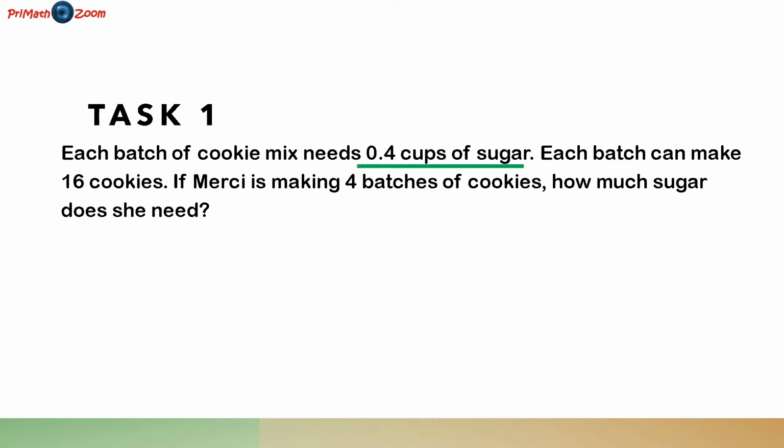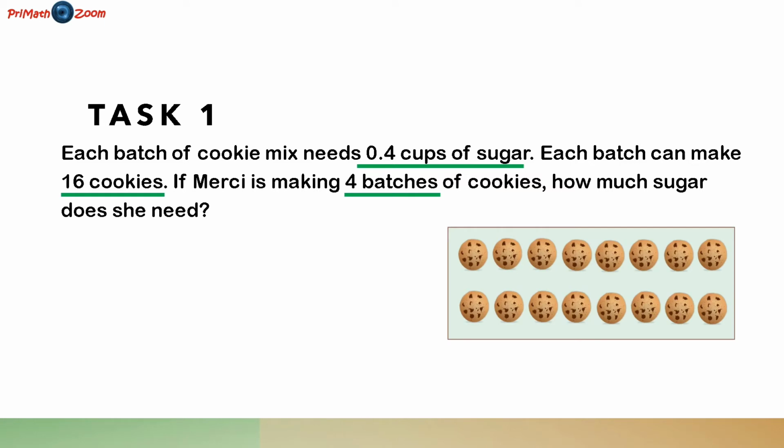So let us underline the main points. 0.4 cups of sugar. What else could have been a main point here? Yes, 16 cookies and 4 batches. So these are important information that we must consider in answering this question.